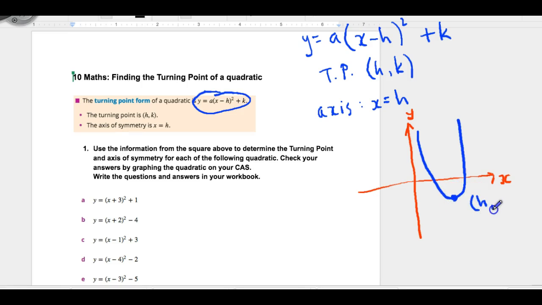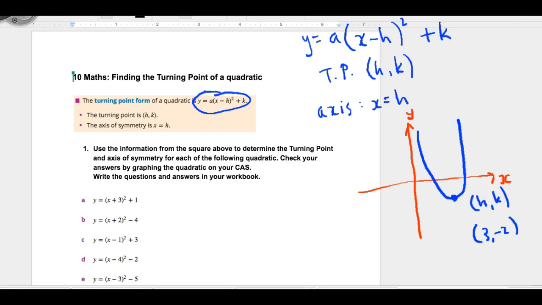Okay. So let's say, it looks like it's about 3 on x and negative 2 on y. Whoops, sorry, I ran the wrong way. 3, negative 2. Okay, so it's just the set of coordinates here.